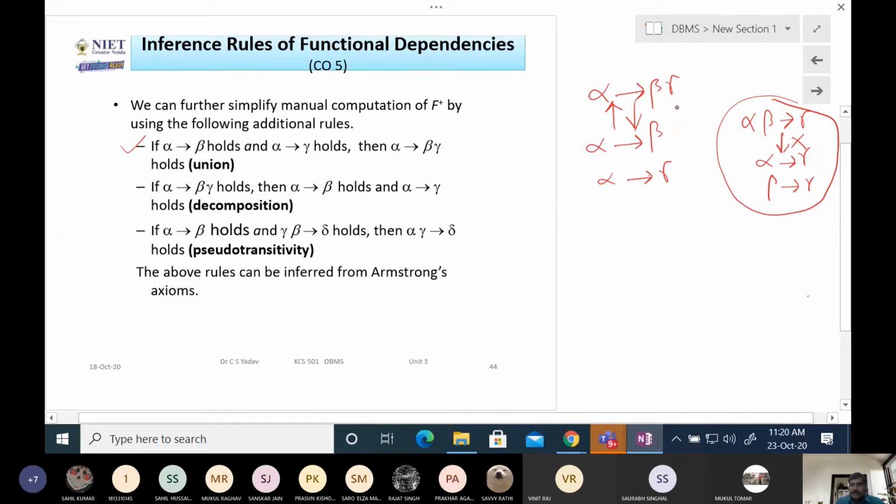Now if we want to prove, from this dependency, that you have to derive these two, then what will you do? Again we will use the primary rules, and with the help of the primary rules we will derive these. You have only this given FD, and from this dependency you have to derive these two dependencies.